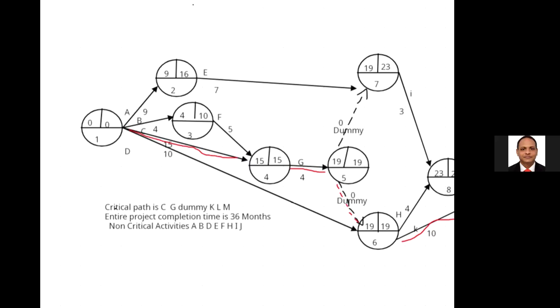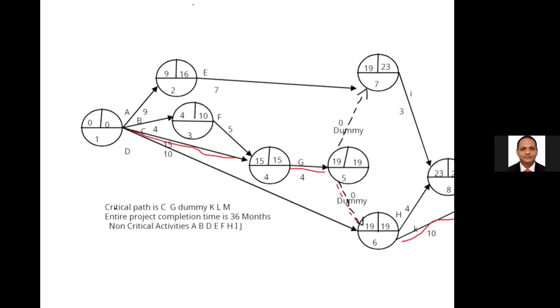Activity 9 plus 7, 26 minus 3 is 23. Yes, what's the problem? So we can't get this 19. Let me know the event number, not the activity. I need the event number. 23 minus 7, 16. That's better to say the event number, then I can explain.